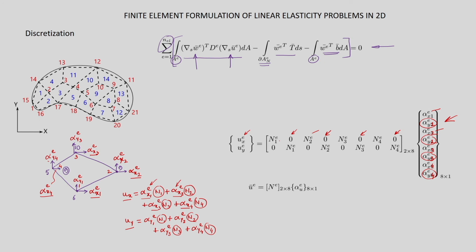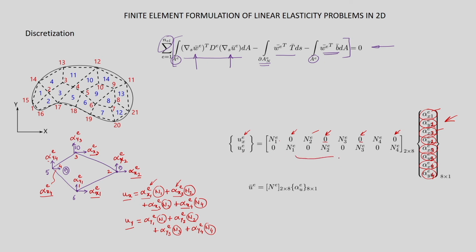Alright. So, ux comprises n1 times alpha x1, n2 times alpha x2, n3 times alpha x3 and n4 times alpha x4, because these terms are 0. Similarly, uy also takes care of that.